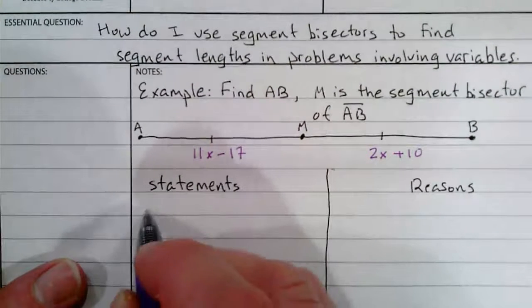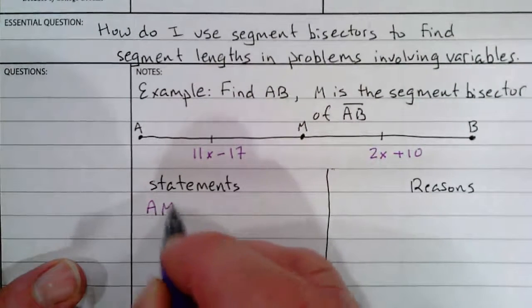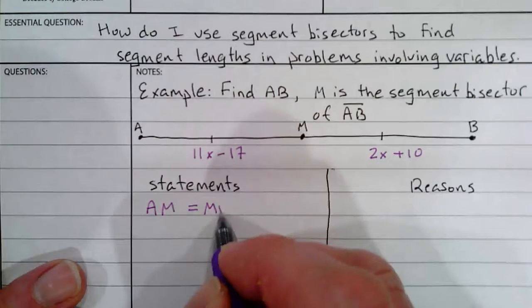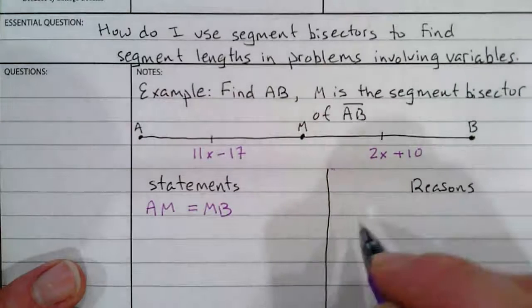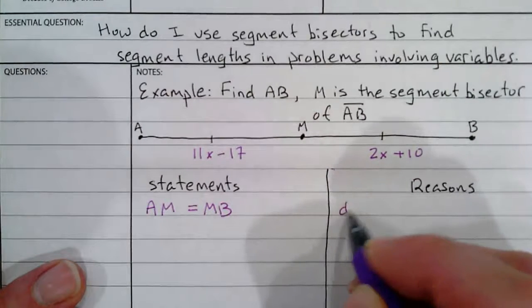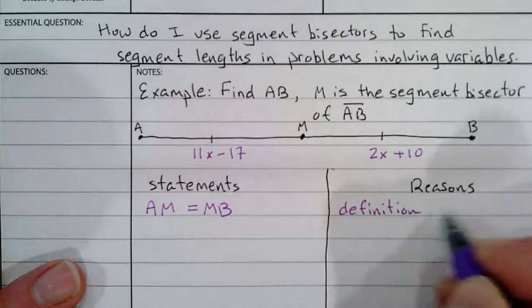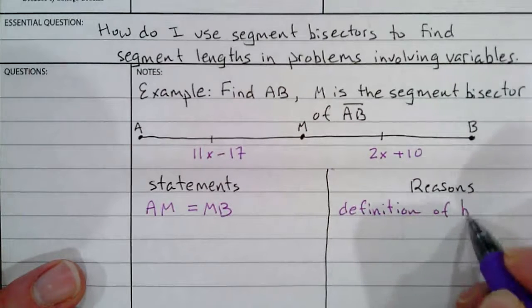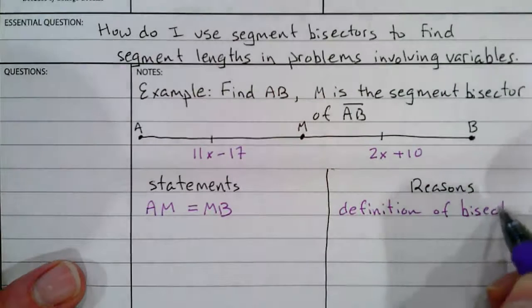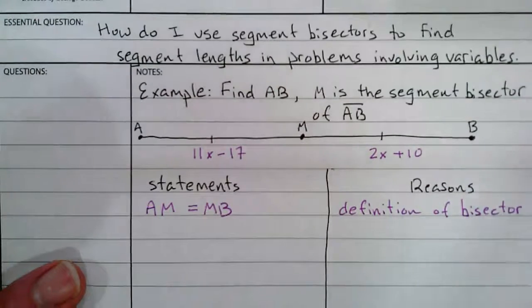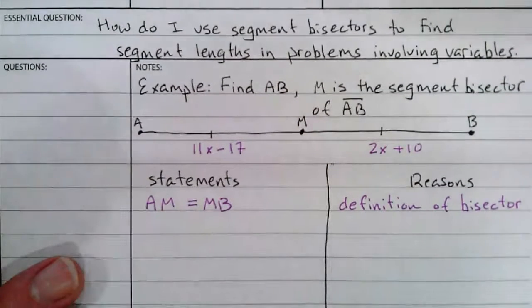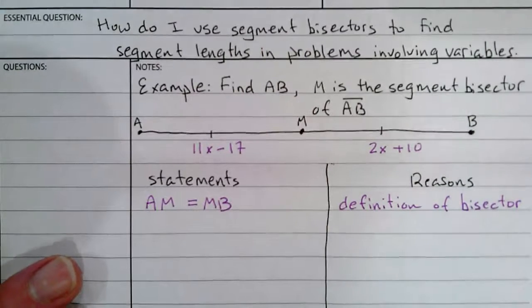We start out by saying that AM equals MB. That's just the definition of bisector. The bisector cuts that segment into two equal-sized pieces, so the two distances are equal. Next we'll do our substitution.